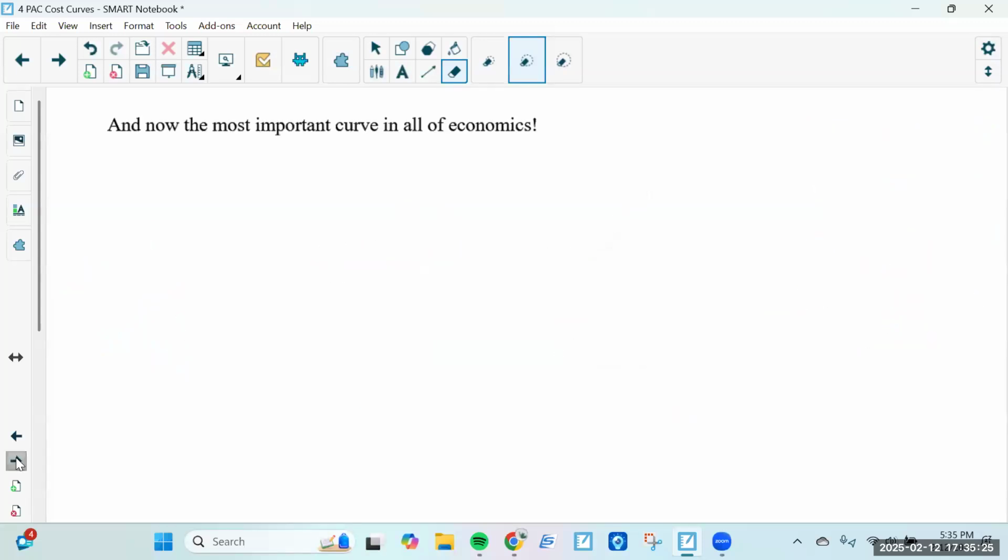All right. Now we're going to introduce the most important curve in all of economics. This is the number one. This curve is super cool. It's so cool that the CEO of a major corporation learned this in his economics class in college, and when he formed his corporation, he decided to use this as his symbol for his company.